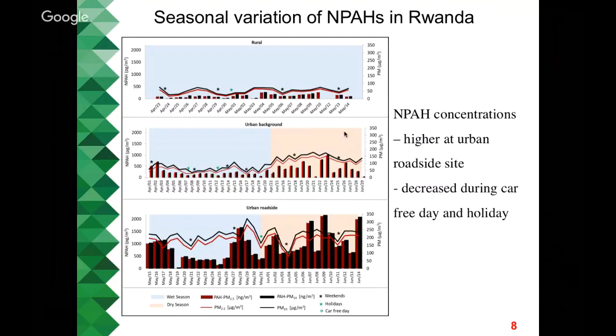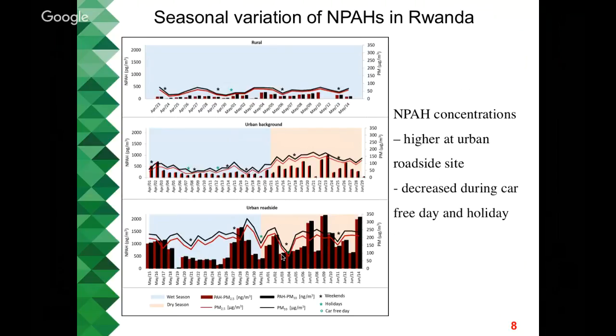This was also found during some of these stars, which mean there was a holiday and a weekend. You will find all of the drops here were during holidays. So you can see the issue, especially in the urban roadside, of vehicle emission, because on any day where there was no vehicle, the trend has significantly decreased.